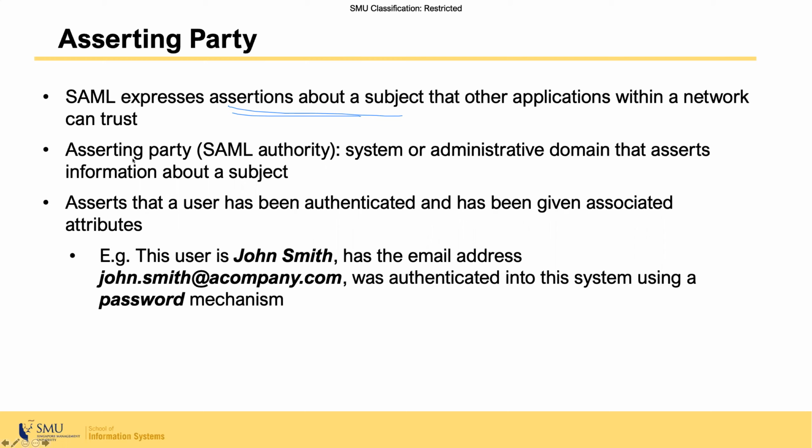The asserting party is also known as the SAML authority, which is basically a system or administrative domain that asserts information about the user. And the asserting party would assert that the user has been authenticated, and this user will be associated with some attributes like the ID of the user, the email address of the user, and how the user was authenticated. In this example, the assertion says that the user is authenticated by using a password mechanism. And the asserting party would send such information to the relying party.